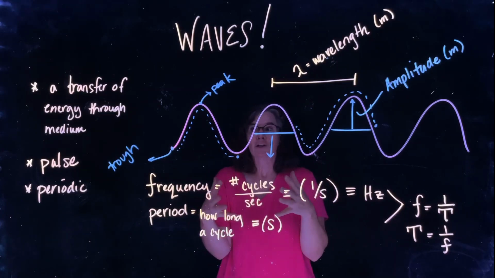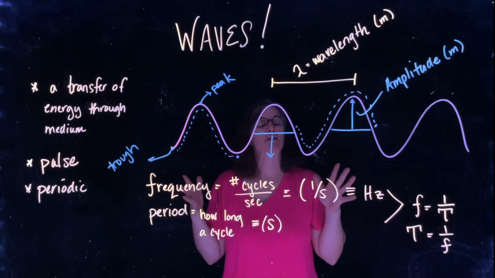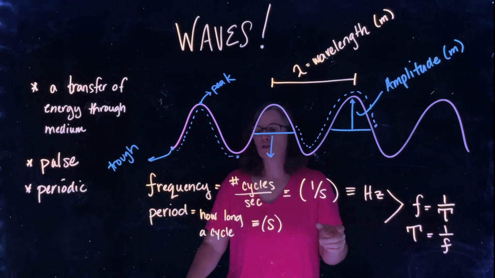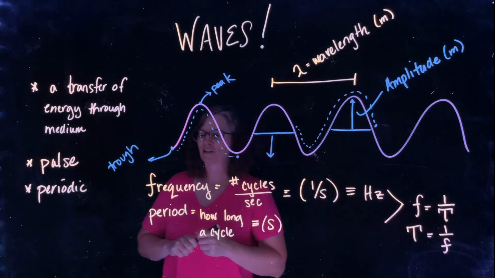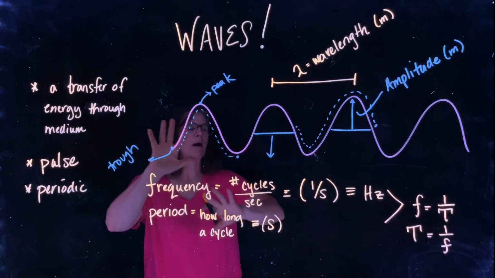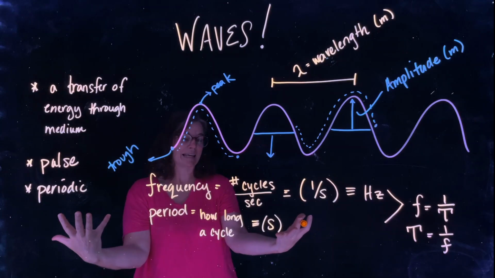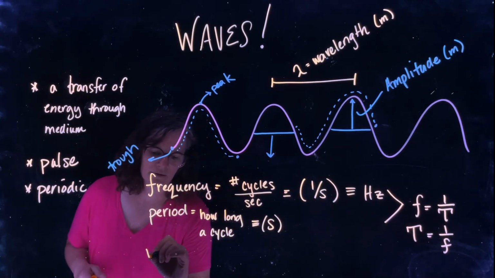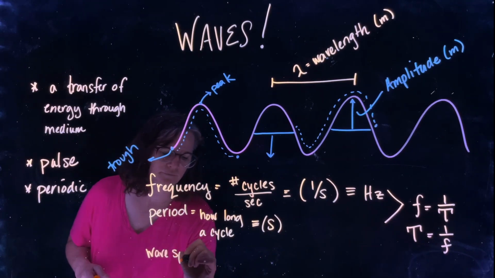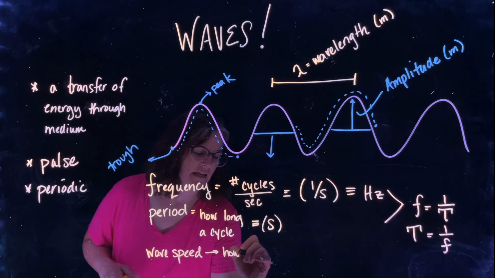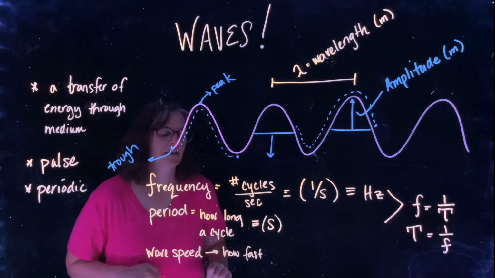All right, so these are some properties of the wave, and we can use these properties to look at another property that's actually very interesting for us, and that's how fast does a wave move. So in another mini lecture, we're going to dive deeper into wave speed, but I want us to think about how wave speed might be related to these other variables here. Wave speed, like any speed, is how fast that wave is moving.